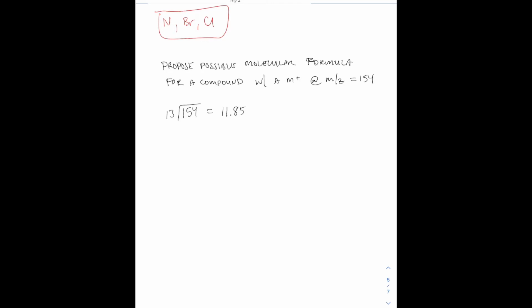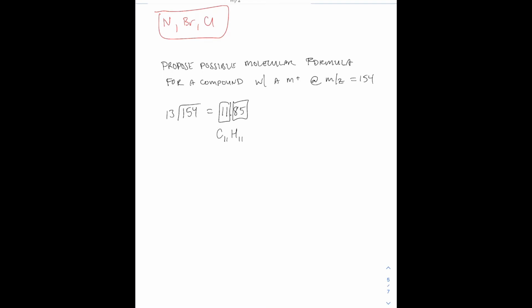11.85 for that value. Essentially what I'm saying is that initially we're going to have 11 carbons and 11 hydrogens, and we're using this number right here as the whole number because we can't have 0.85 units of carbon and hydrogen.